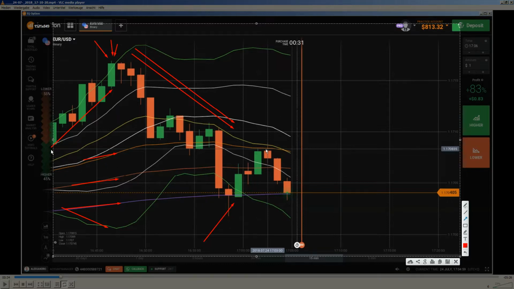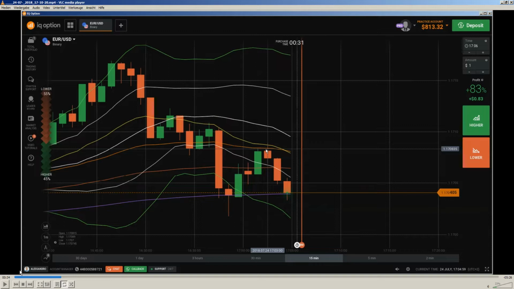The EMAs are not steep, which means there is not such a strong trend. So we're going to touch this level. This wick here is higher and bigger than the first wick, so it's already showing that buyers are coming into the market again.